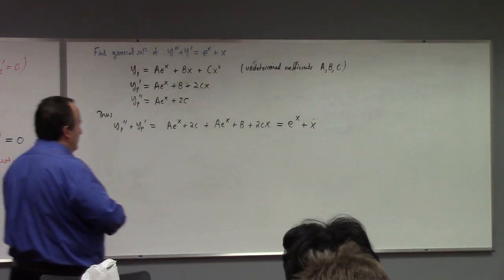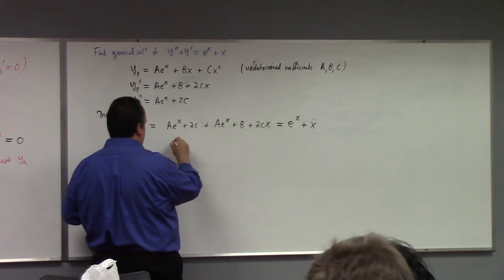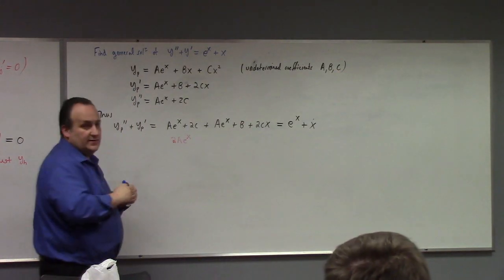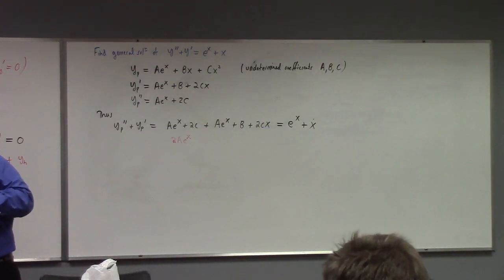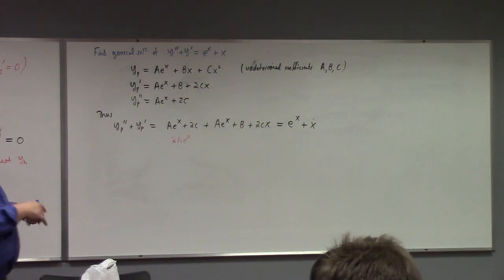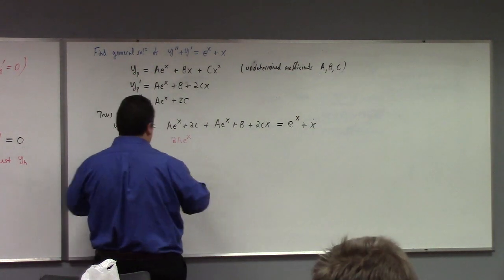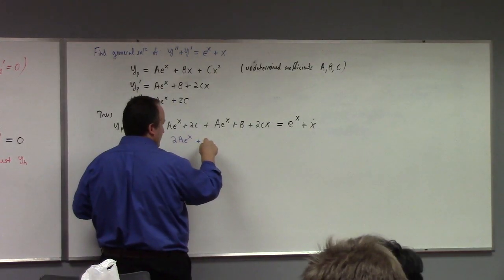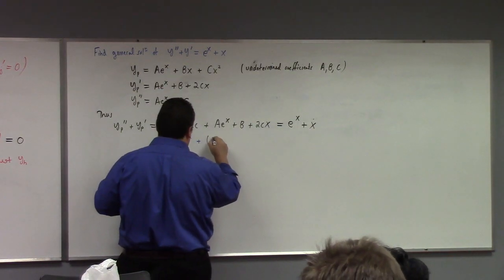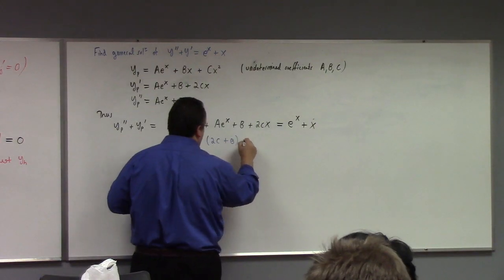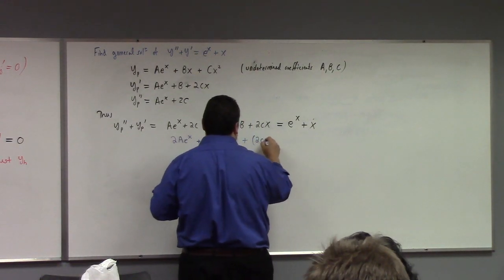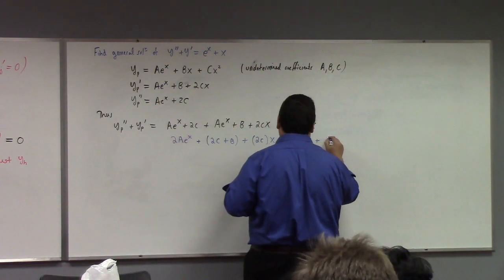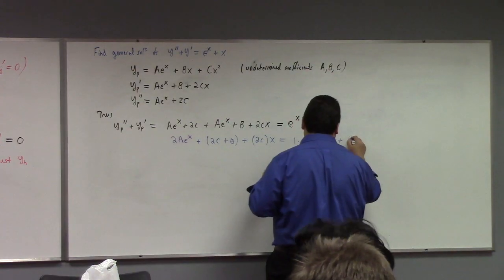So we get 2A e^x, plus 2c plus b, and then we get 2c times x, equal to 1 times e^x plus 0 times 1 plus 1 times x.